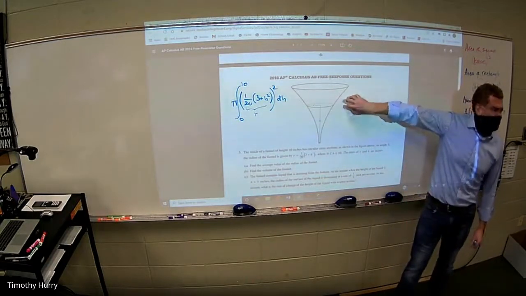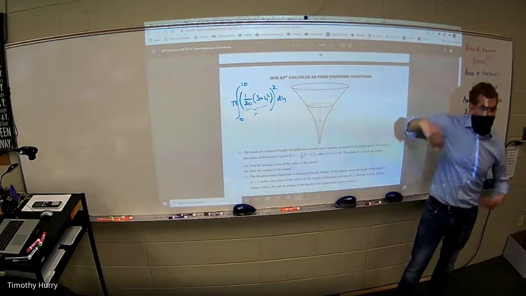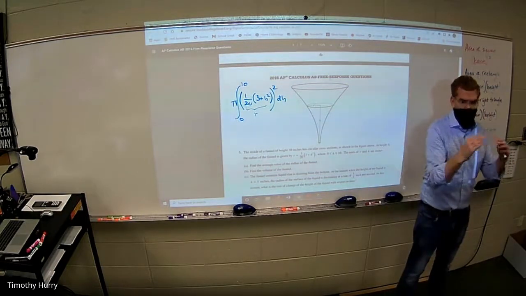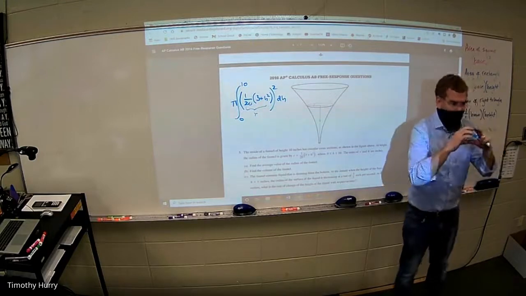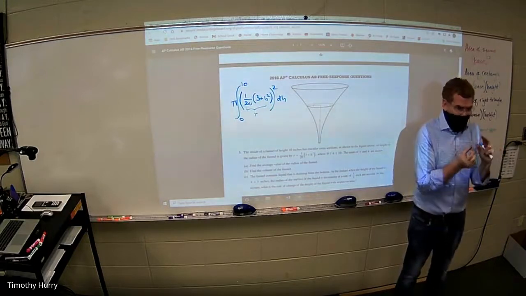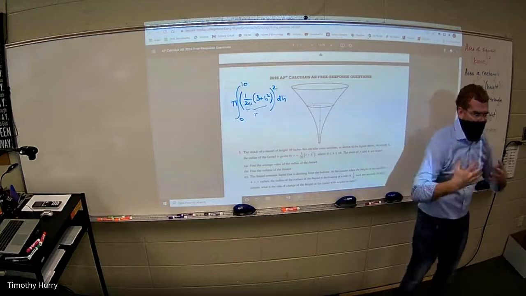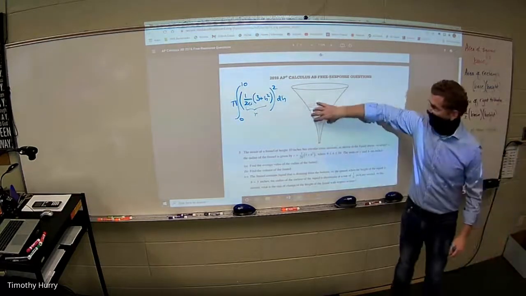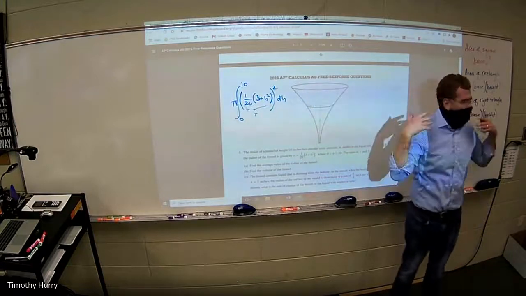But don't make these too hard, right? Trust the math. If you understand what you're doing when you're finding these areas, that you're finding a little area, giving it a little width, and then pulling that area as it evolves and changes over that interval, which this one's clearly doing, it makes sense.